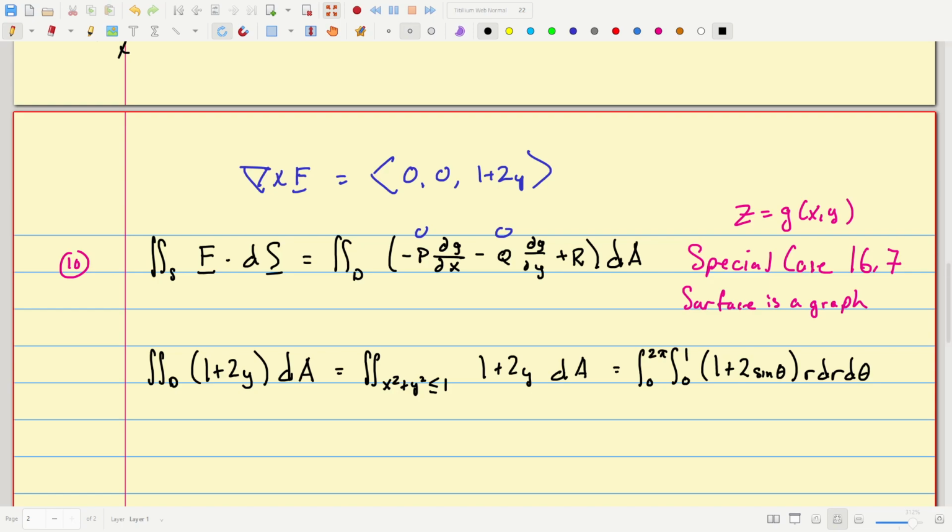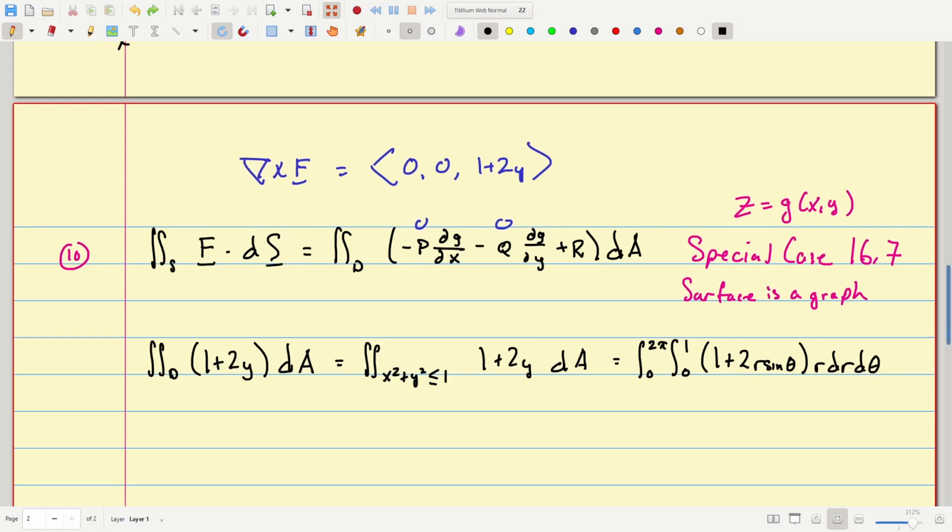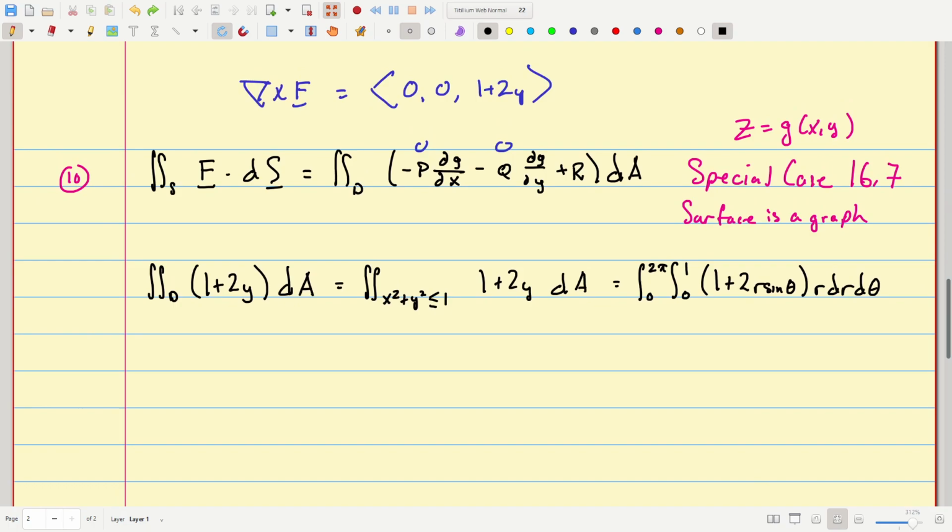Sorry, I forgot, it should be 2r sine theta. All right, okay, so fix that. There should be an r there for the switch to polar. And now we have something that we can work on integrating here.